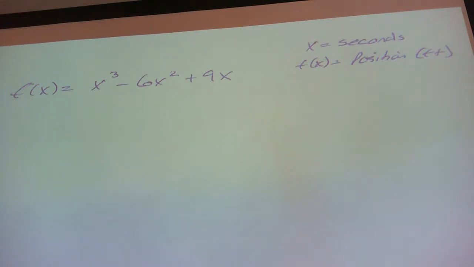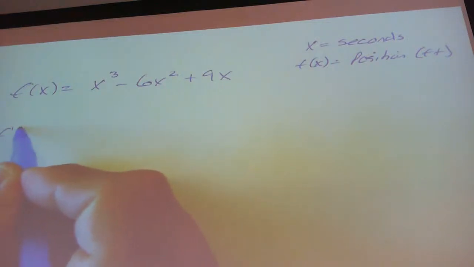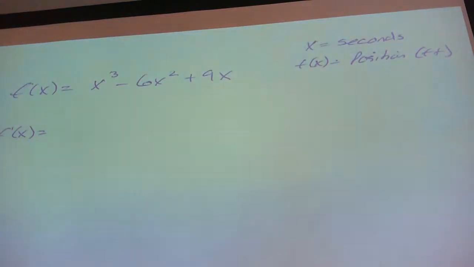Okay? And what is velocity? Velocity is the derivative. Because what is the derivative? Rate of change. It's not feet, it's going to be feet per second. How the position is changing. So take the derivative.